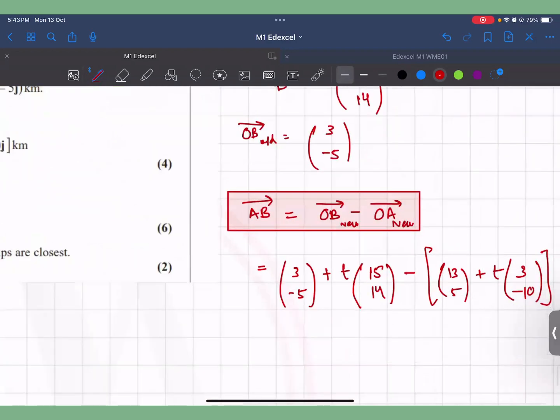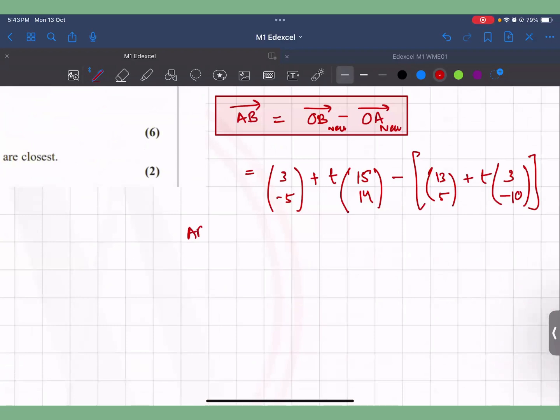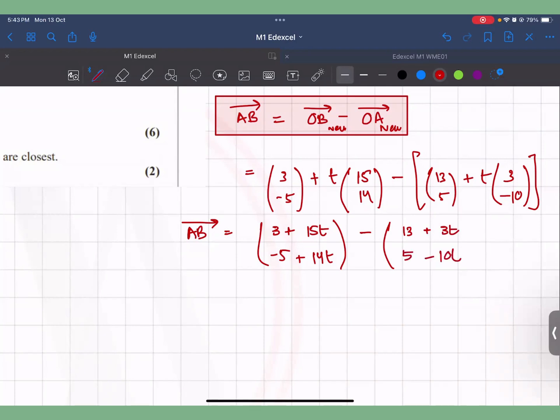And when you expand this and simplify this, so 3 plus 15t minus 5 plus 14t, minus 13 plus 3t and 5 minus 10t.